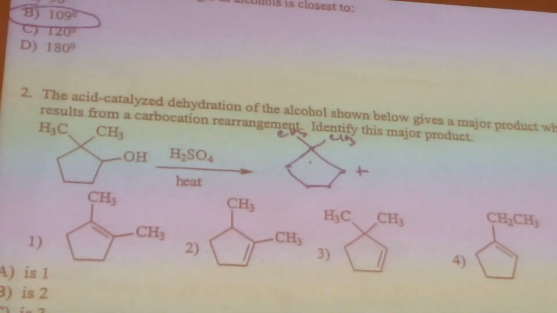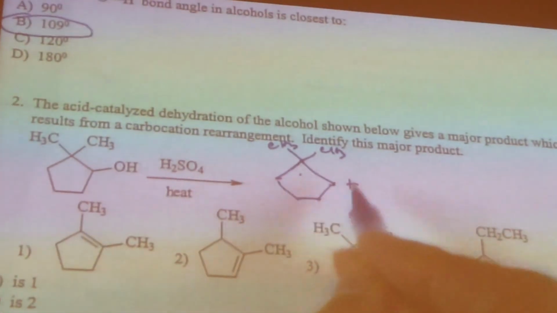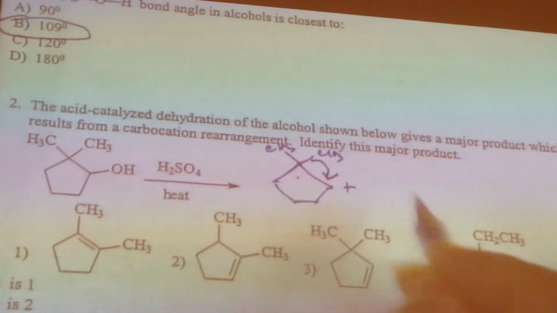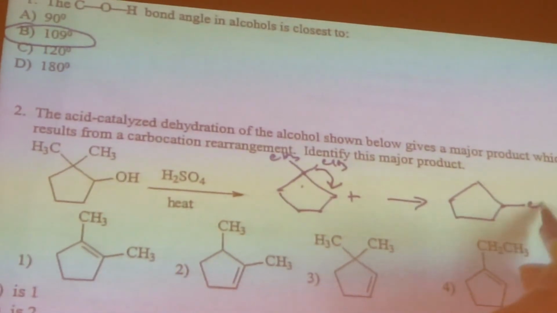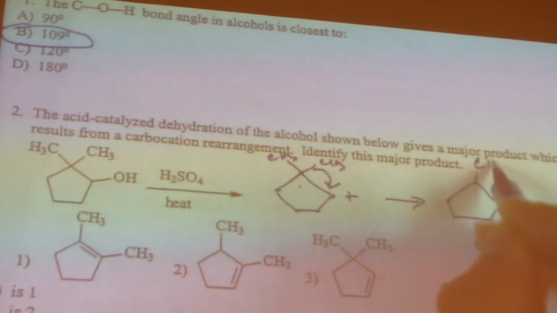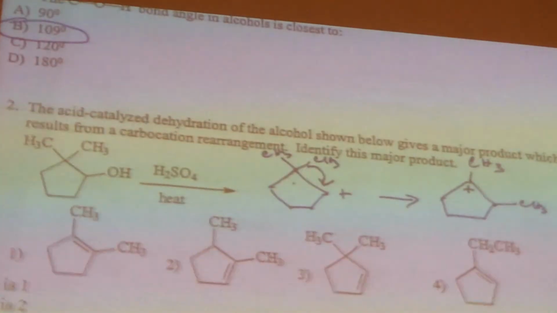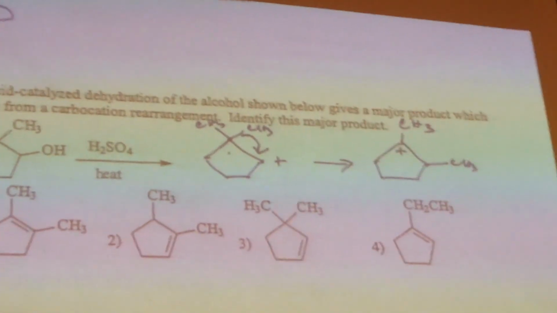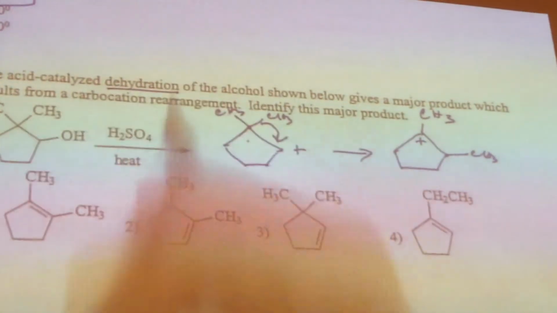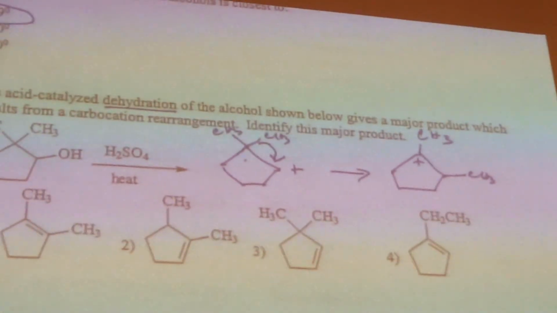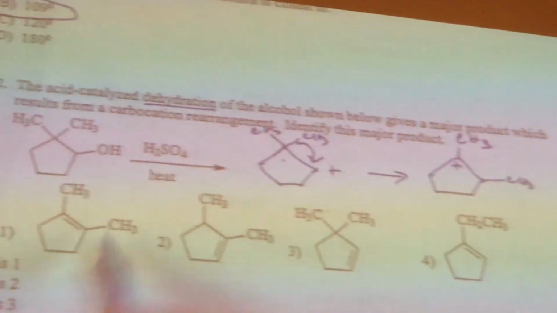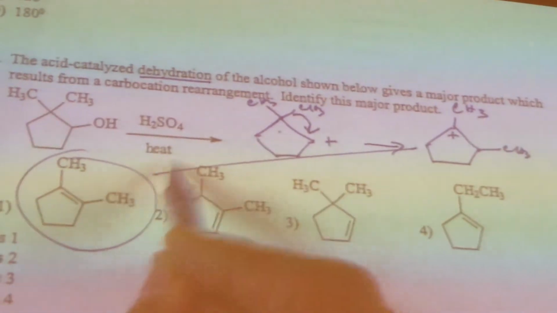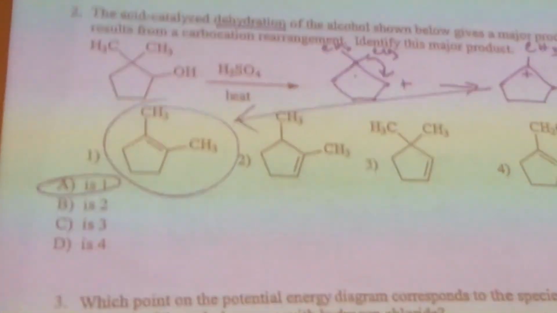Now the carbocation rearrangement that will take place, so this is a secondary cation, so the methyl migration will happen, which gives you this, plus the cation is here now. And obviously dehydration means you need to remove a hydrogen, and it will be removed from this one probably, the major product, which gives you this one. So the answer is 1.